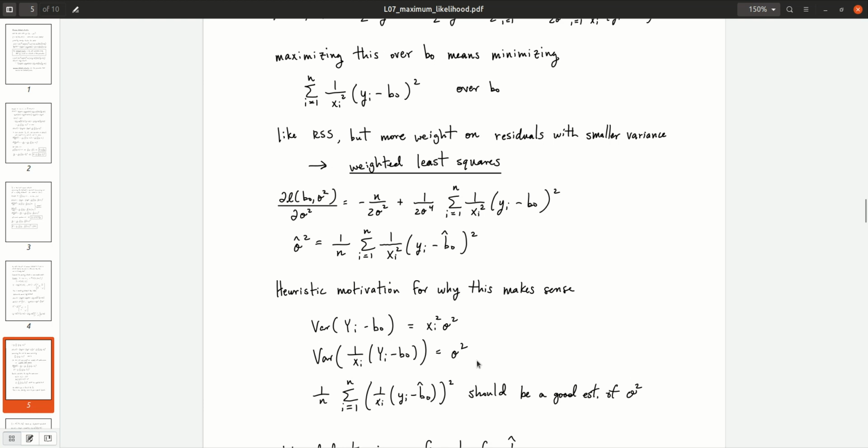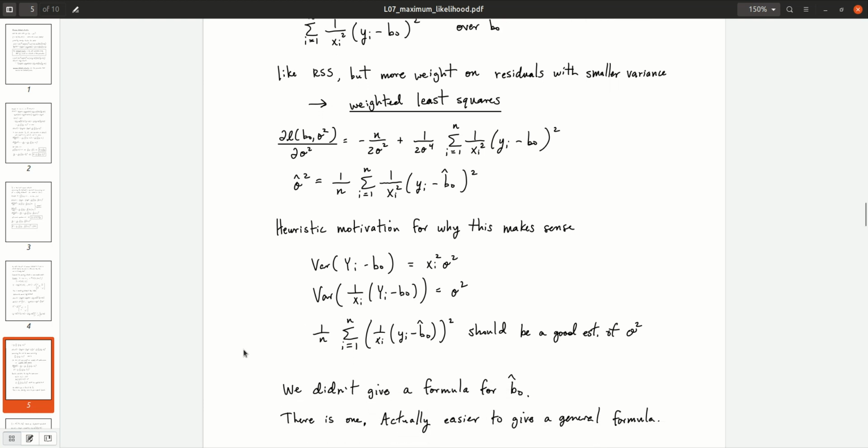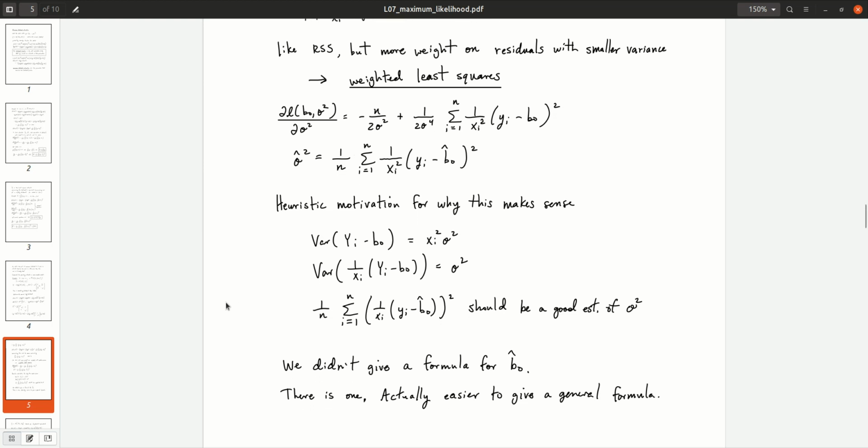So to estimate sigma squared, one thing we could do is take 1 over xi times yi minus b0, square it, add it up, and divide by n, which is exactly what the maximum likelihood estimate does. Again, this is probably going to be a biased estimate, but if n is large, it should be close to unbiased.